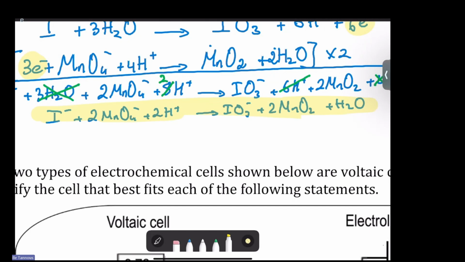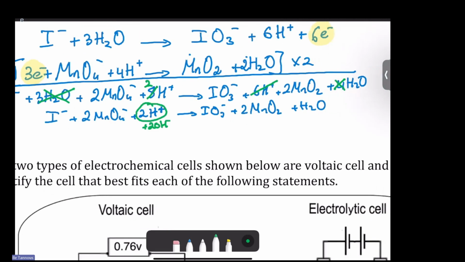How do I make it basic medium? And here comes the additional step. You focus on the H plus. Here's the H plus. How much H plus do you have? You have 2. So you add 2 OH minus on each side.